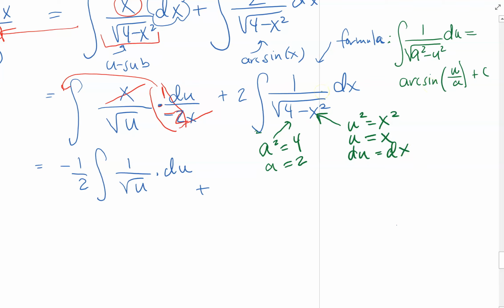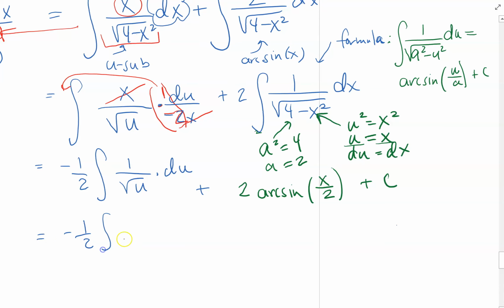It actually won't really require a u substitution since u is x. They're the same thing. So I can just say that this integral would be, so I have the 2 times arc sine of u over a, but u is x, and a is 2, and then of course plus c. So this integral is done. Over here I just have to do a simple power rule.